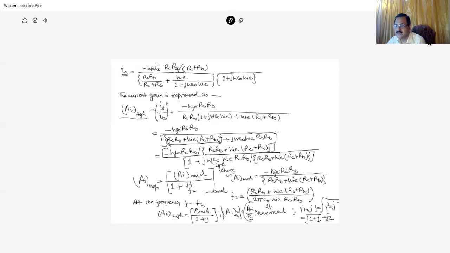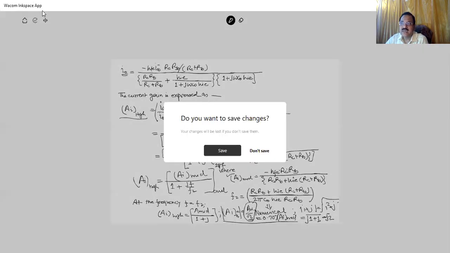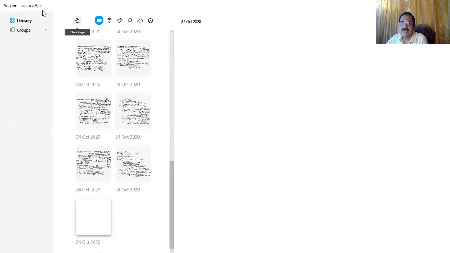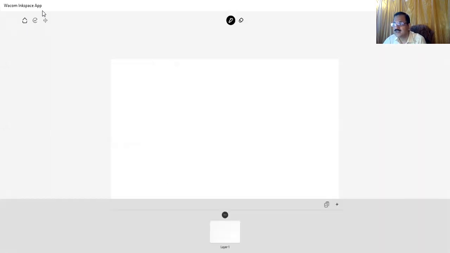This value is similar to the earlier case, that is 0.707 AI mid. So this value is the same. So this is a very interesting case that we find in both the cases, the lower frequency range as well as the higher frequency range. The case is the same in both.